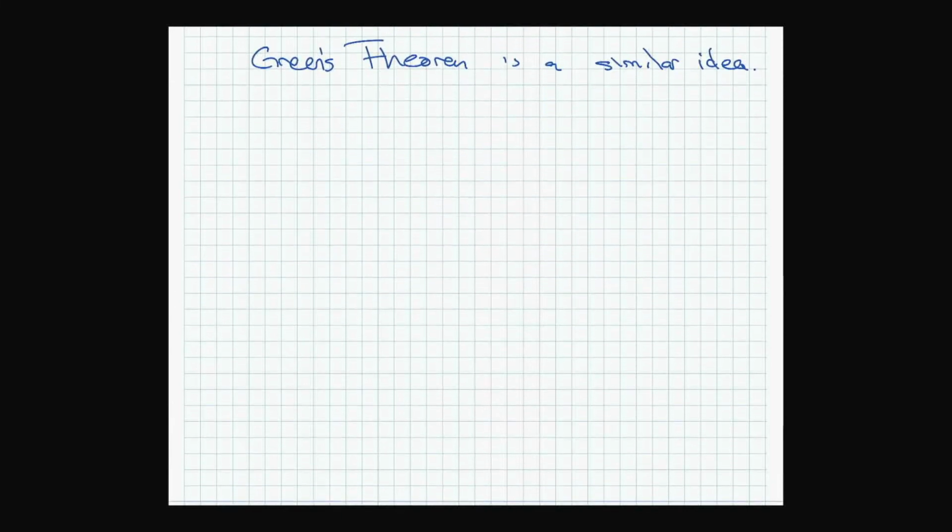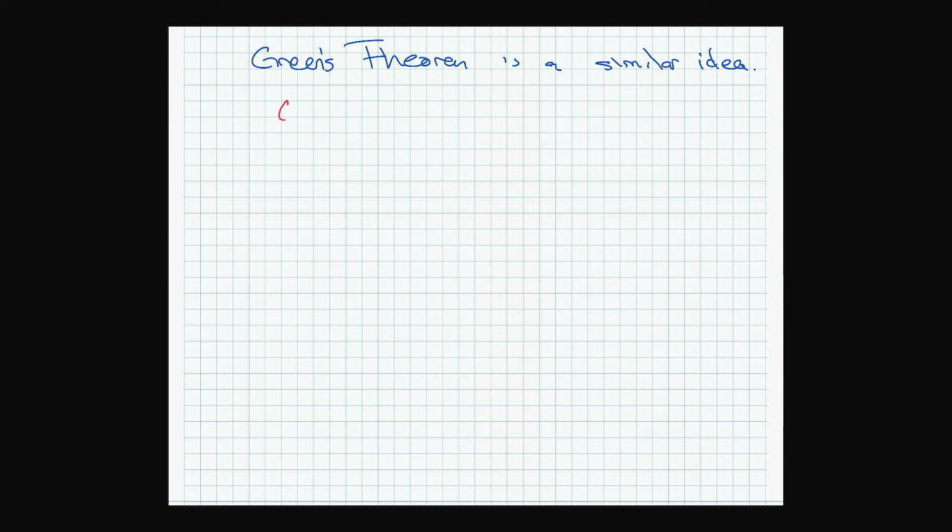what Green's theorem does is it relates a line integral of a vector field over a closed curve, not necessarily a circle, a closed curve. Okay, let me just say it.